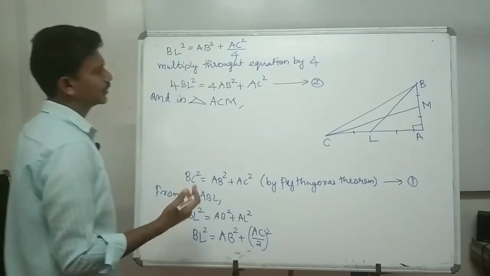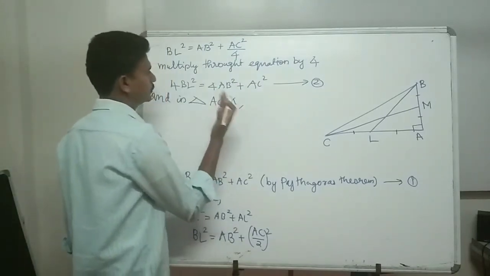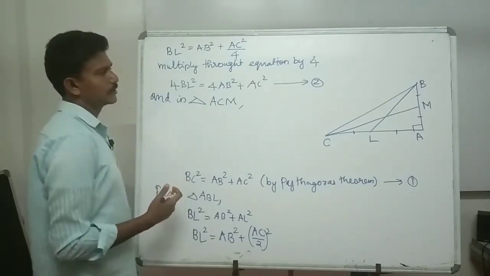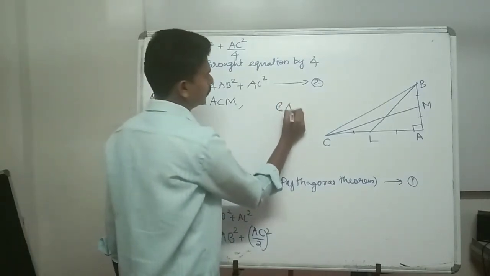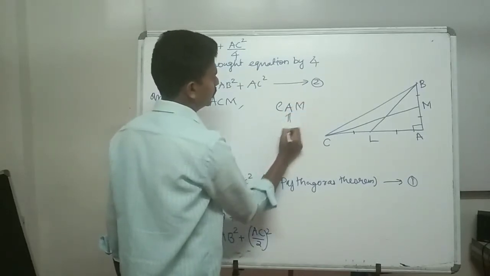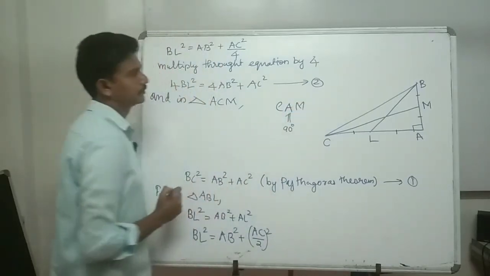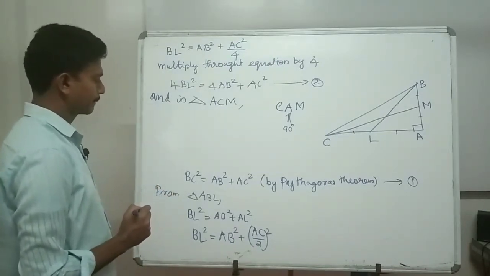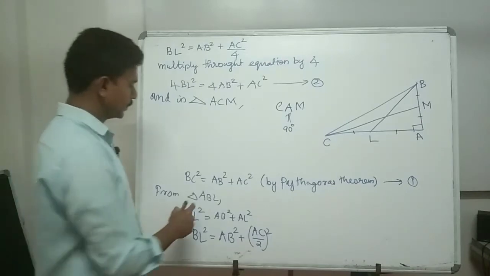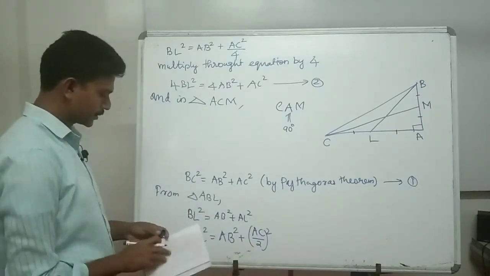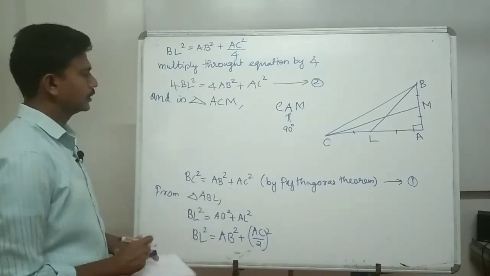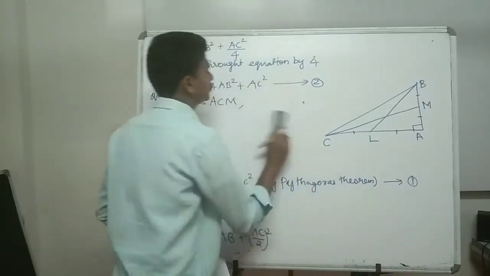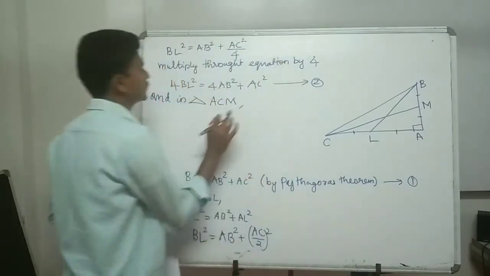The reason CAM was taken is that it indicates A is the 90 degree angle, which is why it is written like that. In ABL we did not follow that, but we can take ACM.